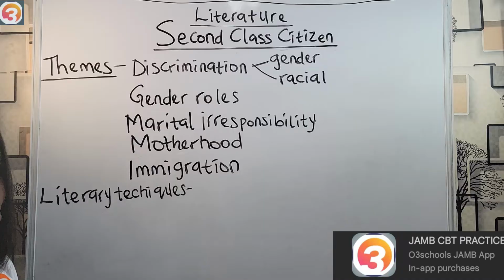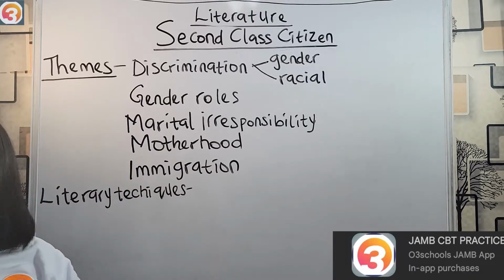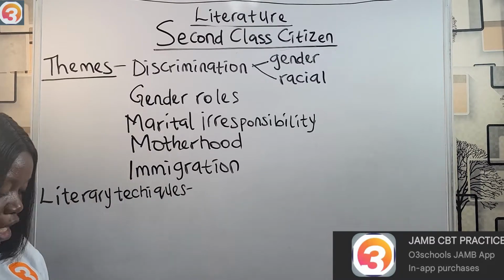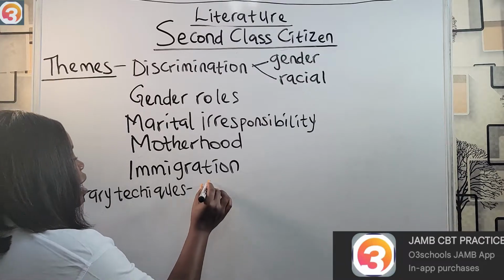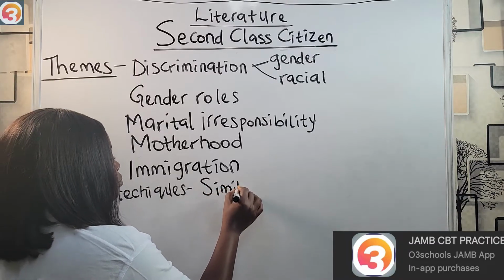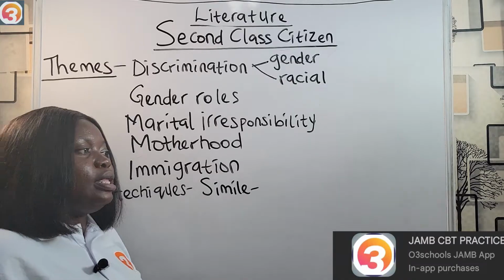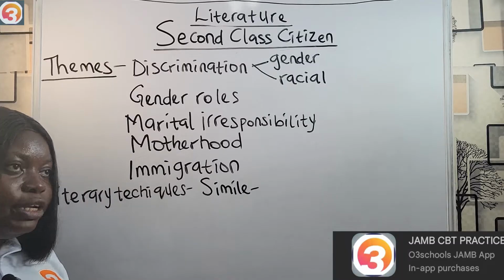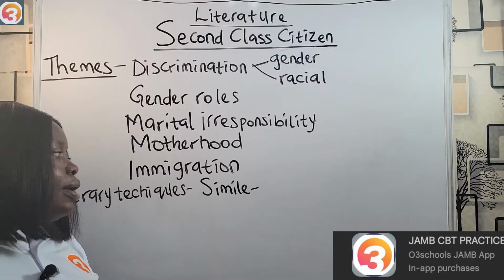The book is filled with lots and lots of literary techniques, from figures of speech to flashback and what have you, symbolism. First off, we look at the figures of speech. We find simile. An example is where the book tells us that the first time Ada earned her salary while she was still in Nigeria, her husband had to leave work to come and protect her.